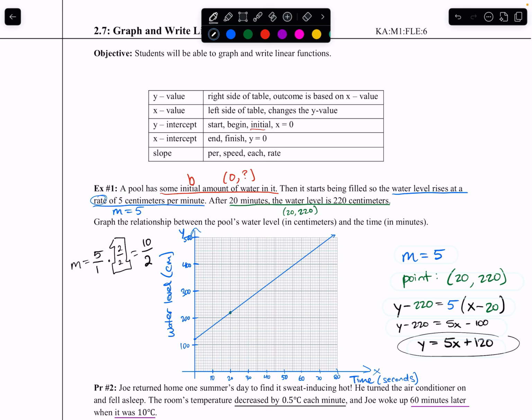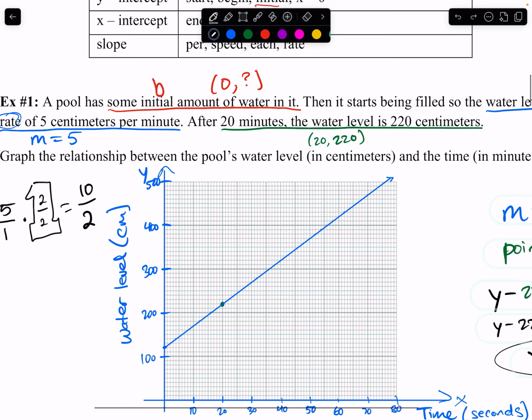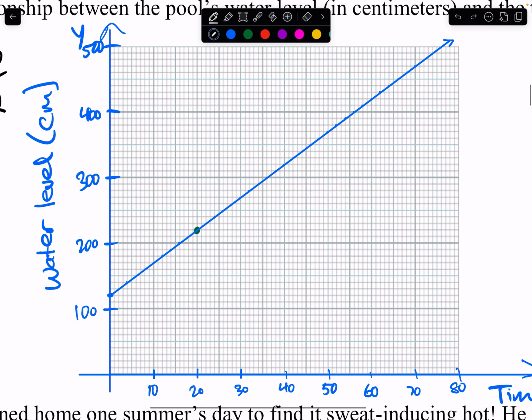The trouble here is that our point that we were given isn't really going to be a lattice point, at least on your paper. On mine it is, because I have a very fine grid. Yours should have looked like that. It just didn't print that way, so I apologize.